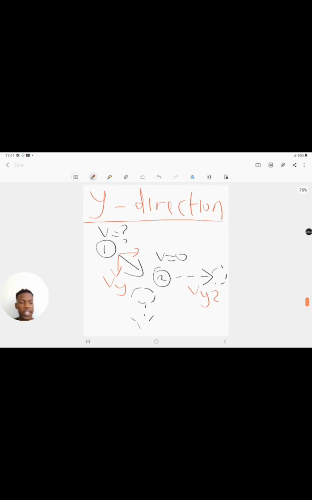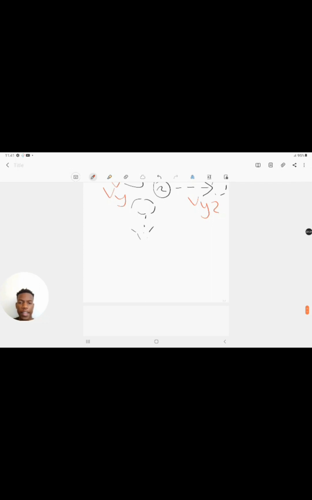The first ball has that vertical direction there, and it's a separate direction because this is after the collision. So it has a final velocity. Ball number 1 has a final velocity in the y direction.